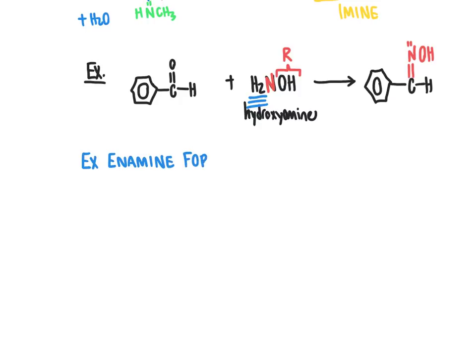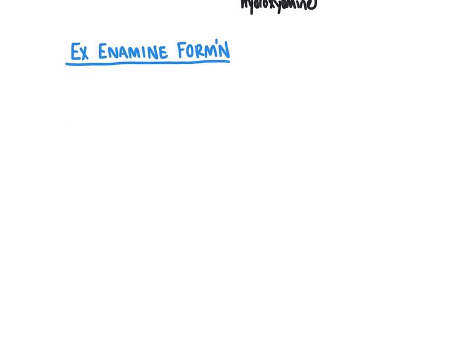We'll go through the first few steps of the mechanism here relatively quickly because we have seen this type of scenario before when we were looking at the imine formation. So what we'll do here is take, as our starting structure, acetone. Acetone is the common name for this ketone, a 3-carbon ketone.